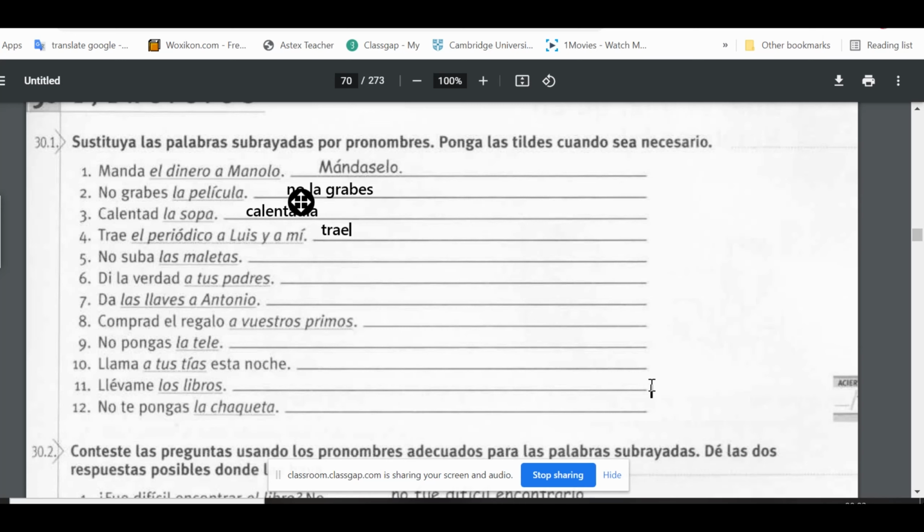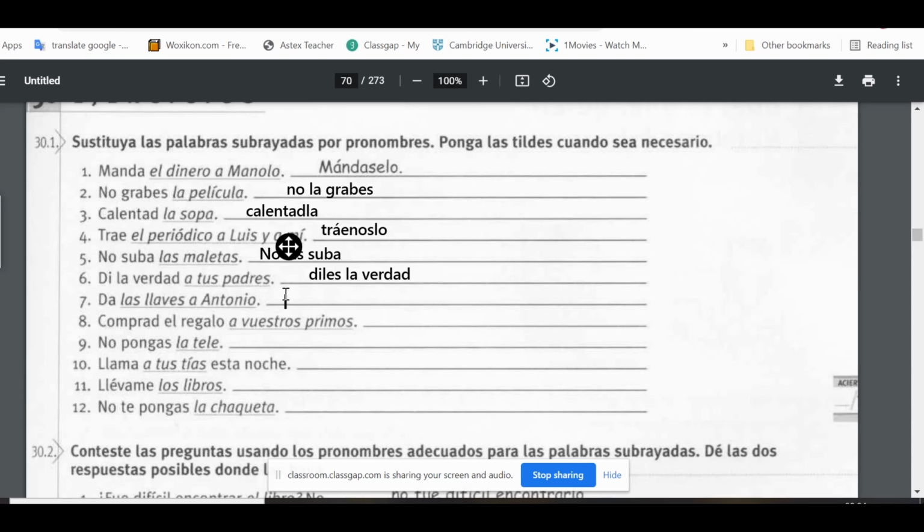Tráenoslo. Yeah. No suba las maletas, so no las suba. Di la verdad a tus padres. So di la verdad, and tus padres will be les. So, díles la verdad.